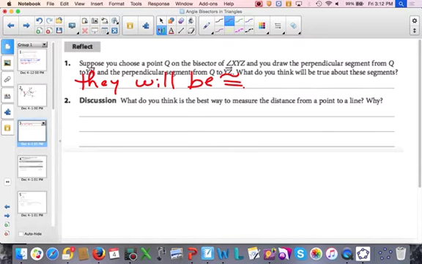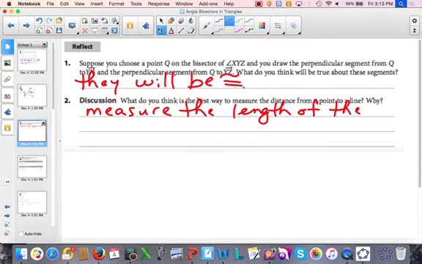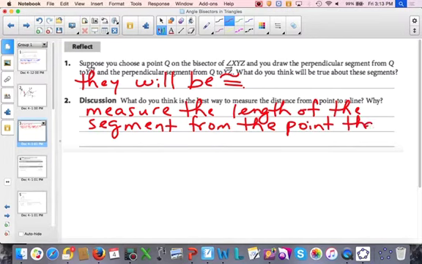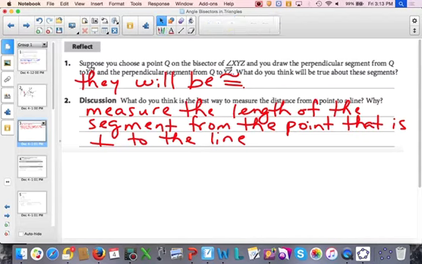So what do you think is the best way to measure the distance from a point to a line? The best way to measure the distance from a point to a line is to measure the length of the segment from the point that is perpendicular to the line.